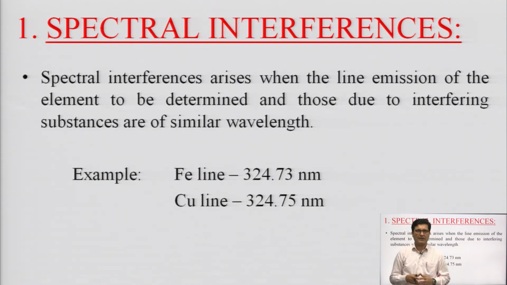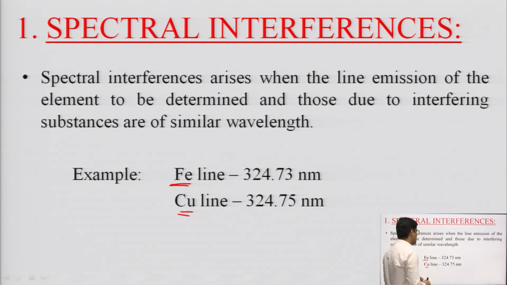Just to take an example, suppose we have iron and we have copper. Iron has a spectral line at 324.73 nanometers, whereas copper shows emission at 324.75 nanometers. If we look at both these wavelengths, they vary only after the decimal value.